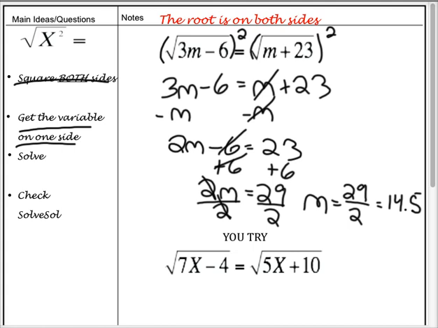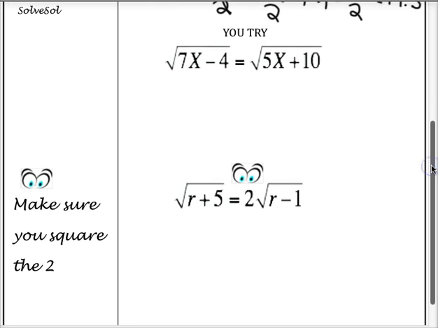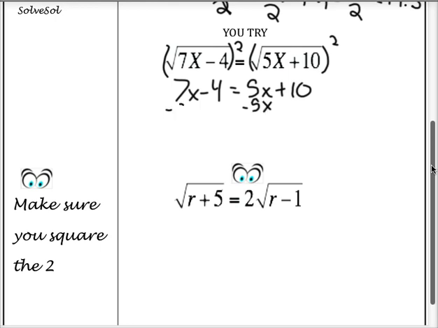All right, let's try another example of this to see how it's going. So again, I have a square root on both sides of my equation. So I'm going to right away square both sides. That gets rid of the square roots that I had on both sides. And now I'm ready to start solving. I need to get my variable to one side of the equation because I have something linear here.